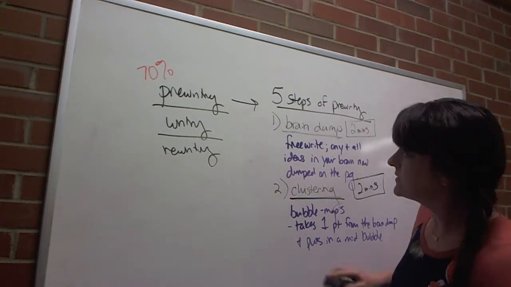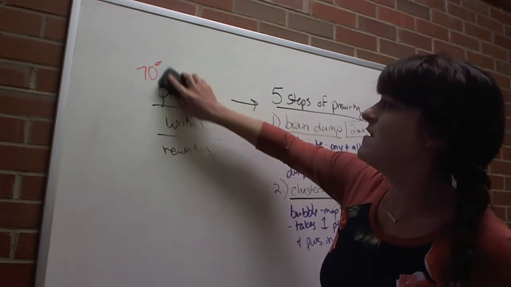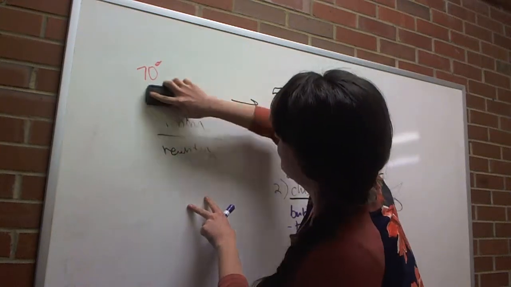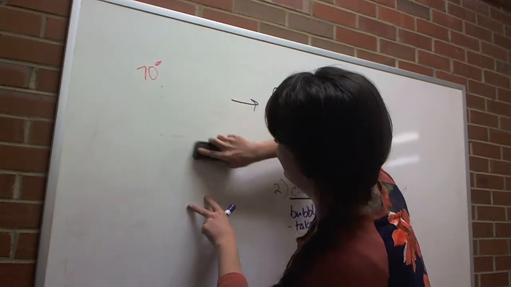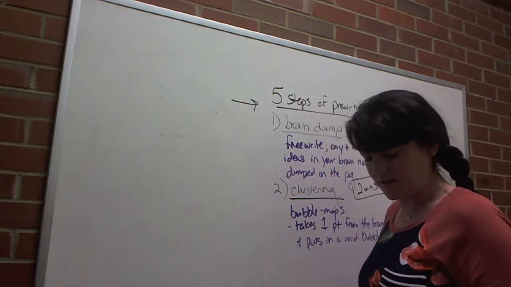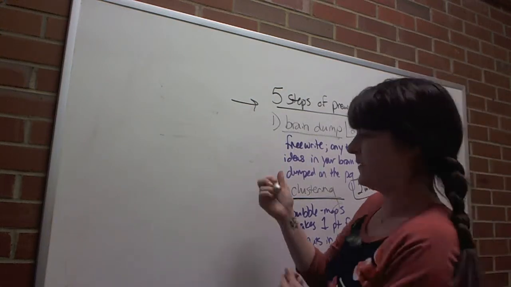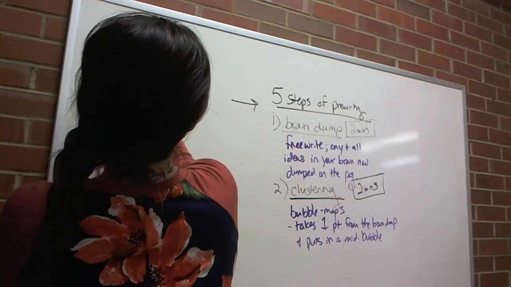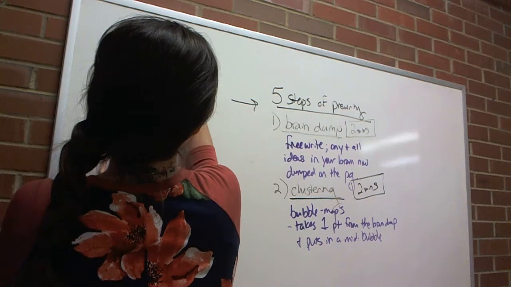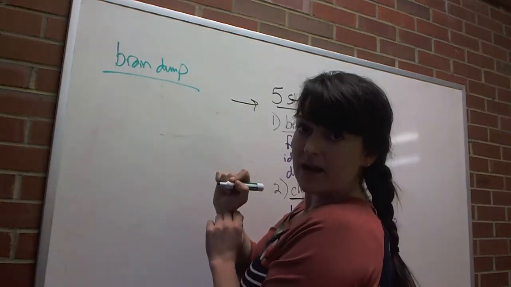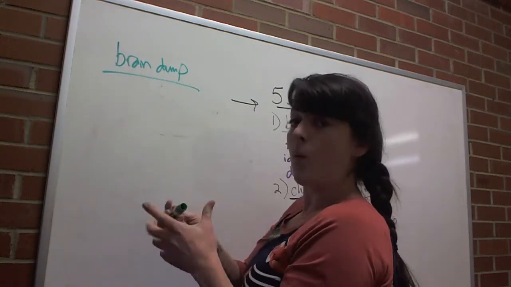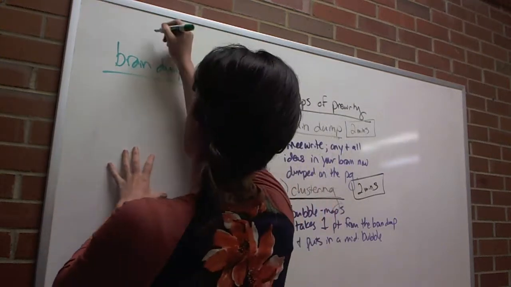So I'm going to show you what this looks like. Oh no! This eraser is horrible. Okay, let's try to do it up here. I'm going to do an example brain dump. Today in English 111, we were talking about what makes America or what makes an American.